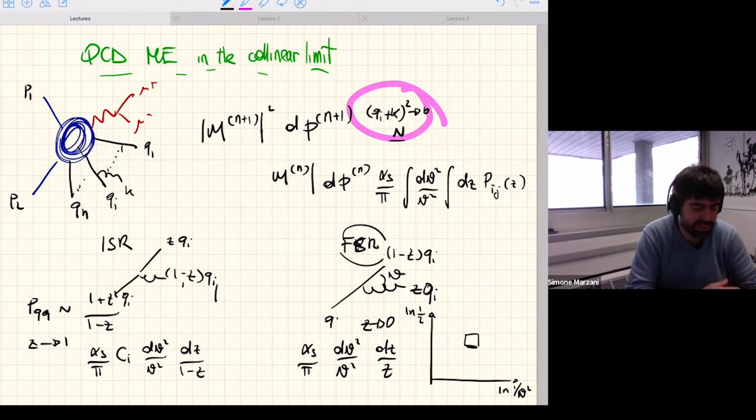We can exploit this almost classical behavior of the matrix element squared in the collinear limit to build algorithms that simulate events. This is the core of what I call Monte Carlo parton shower event generators. One can show that this chain of subsequent collinear emissions is a Markovian process, and this way we can simulate events in proton-proton collisions.